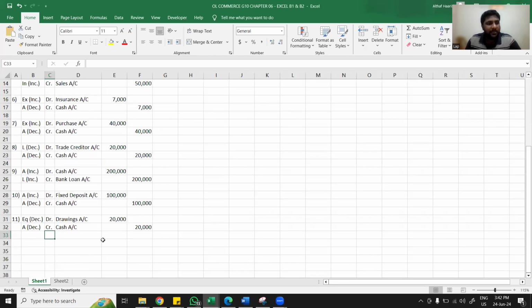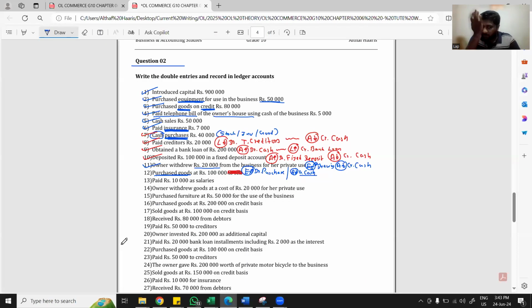So this is the same as transaction number 7, no difference. Purchase account debit, cash account credit, 100,000.